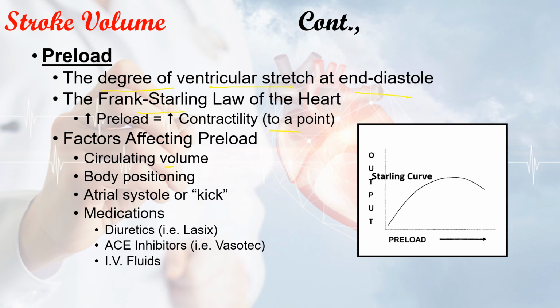Then medications. Certain medicines that affect preload are diuretics, ACE inhibitors and IV fluids. Diuretics, as you know, the drug of choice being furosemide or Lasix, will excrete more volume out of the body, so diuretics affect the preload. Similarly, ACE inhibitors, angiotensin converting enzyme inhibitors, prevent the conversion of angiotensin 1 to angiotensin 2, thereby reducing the blood pressure level in the vascular system. That also affects the preload.